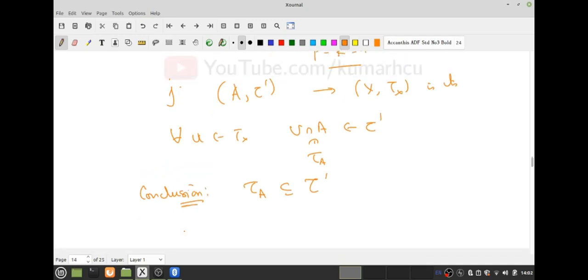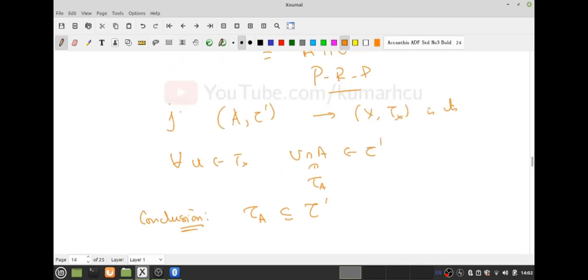Please, these are never done in the usual topology course, but if you are going for higher studies, you will really appreciate this kind of thing. After these things, if you want, you should go back to my unified view on various constructions. This will be explained again there. So what have I proved? I have proved that if tau dash is any topology on A making the standard natural inclusion map of A into X continuous, then that topology is finer than the subspace topology.